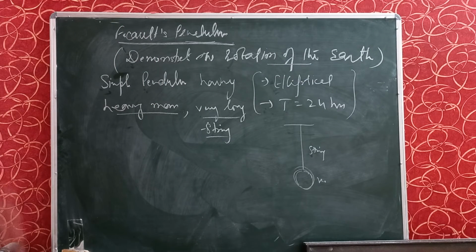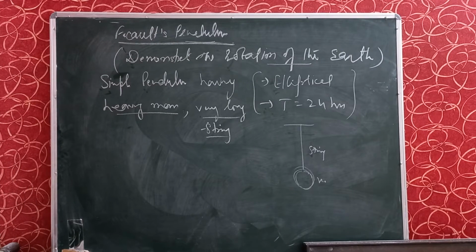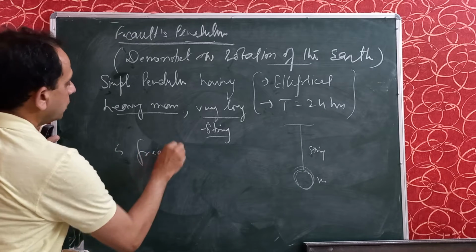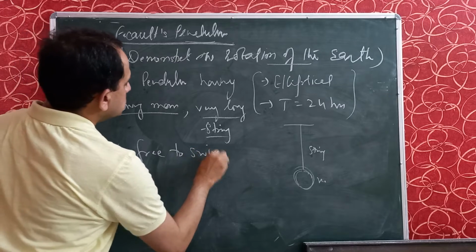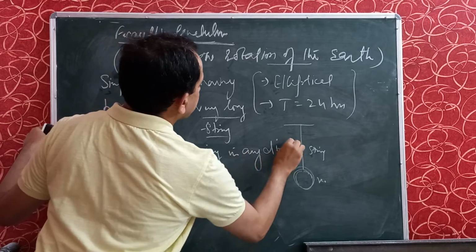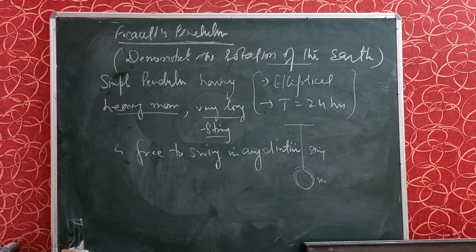It is a very long string and very heavy mass, and it is free to swing in any direction. There is no direction confined for this pendulum. It can swing in any direction.